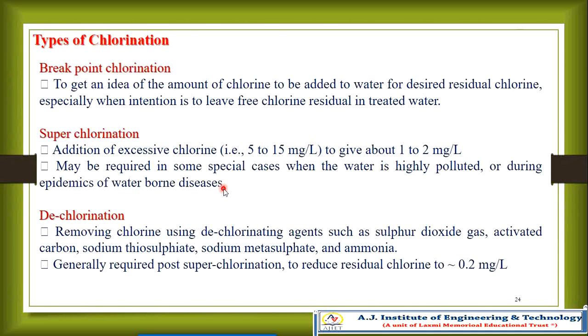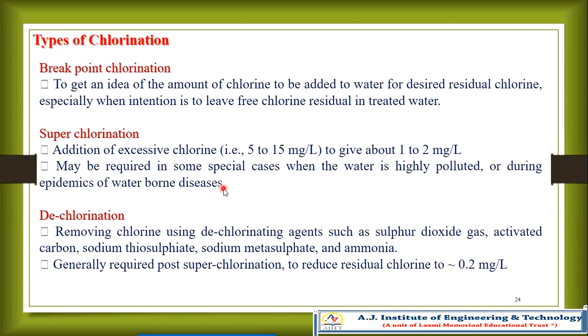Dechlorination is generally required after superchlorination to reduce residual chlorine to 0.2 milligram per liter. What is the 20 to 30 minute contact period? That is the complete action of the disinfection till the breakpoint.